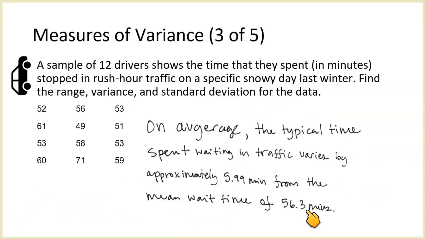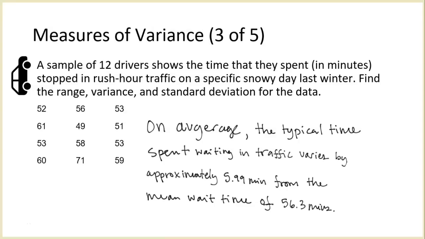So the average time would be 56.3 minutes. So the typical time, or these values on average, vary about 5.99 minutes from the average of 53.6 minutes. So you look at the differences between the 53.6 minutes and each one of those values, and on average, it's approximately 5.99 minutes. So that's what the standard deviation represents.